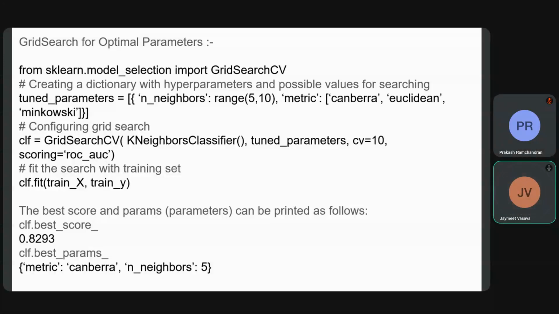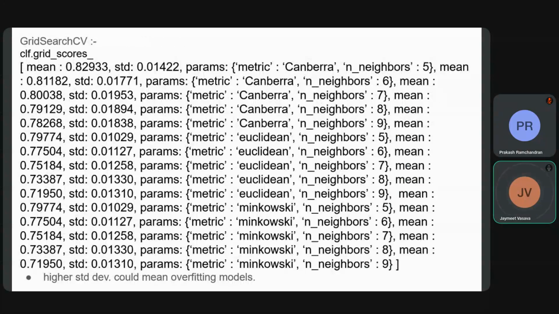The best parameters for the model are Canberra, and number of neighbors is 5. If you want to see the mean and the standard deviation of the model, you can use clf.grid_scores_, and it will give you the mean and standard deviation for the different combinations. A higher standard deviation can mean that it's overfitting.